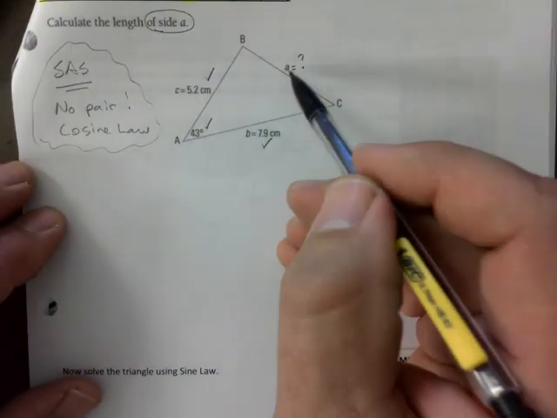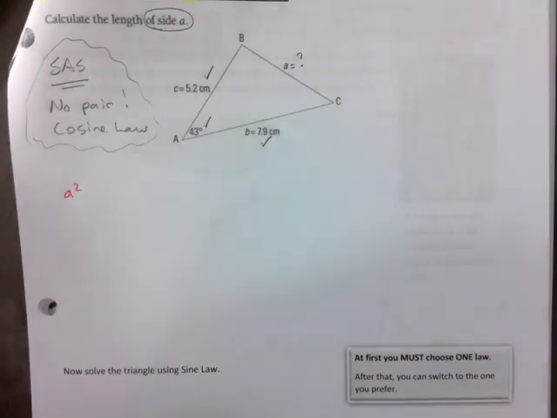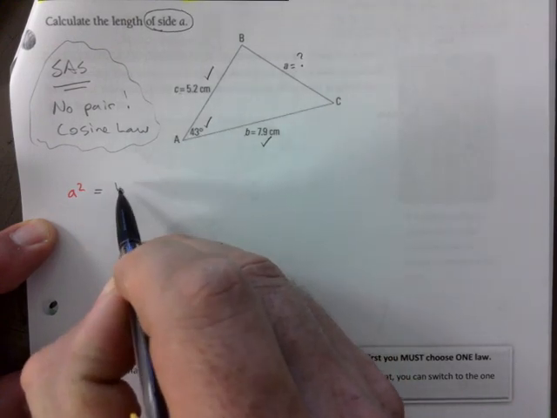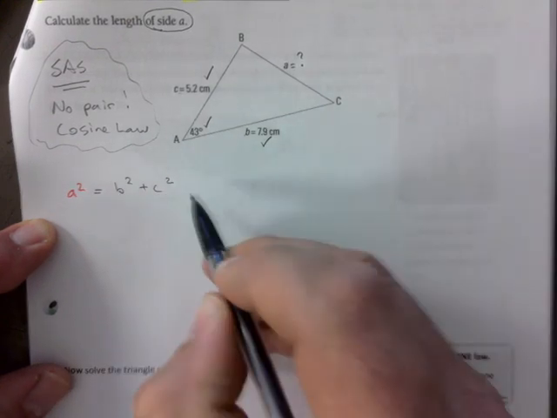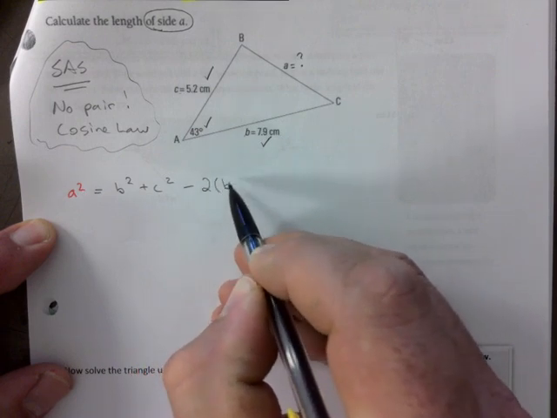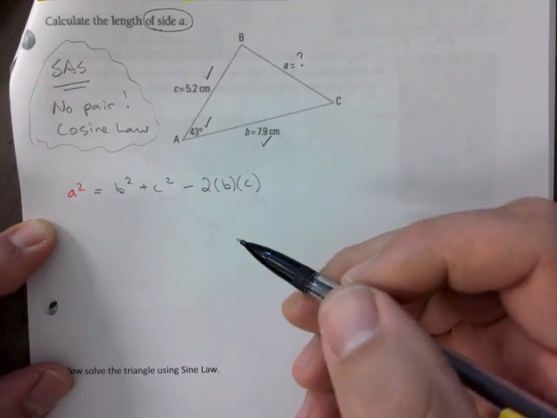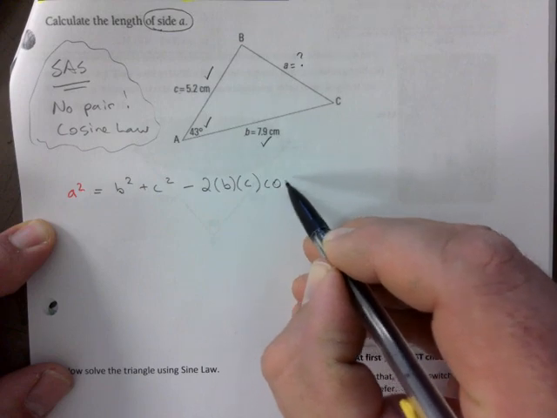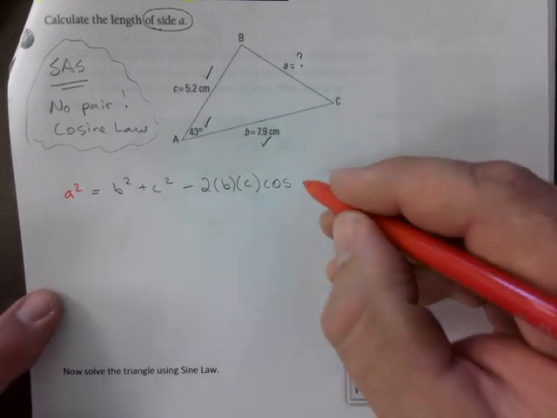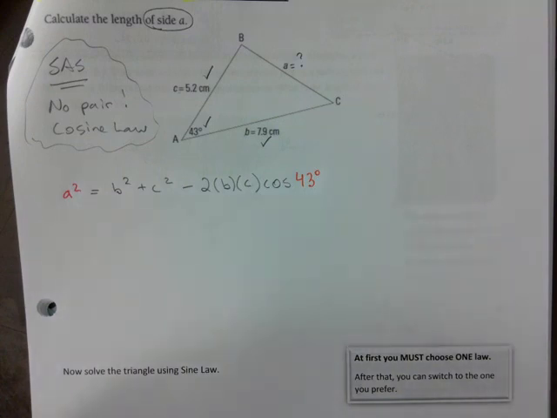So to find side A, we're going to say A squared is equal to the other two sides squared, minus, there's always the 2, right? 2 times B times C, times cosine of 43. I'm going to put the 43 degrees down. That's the only angle there, by the way.